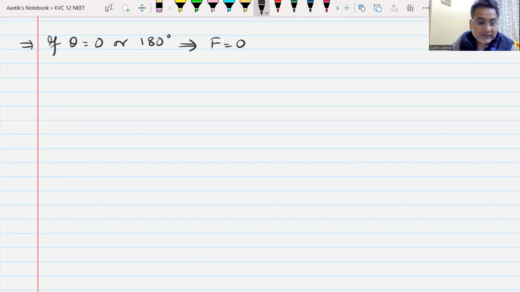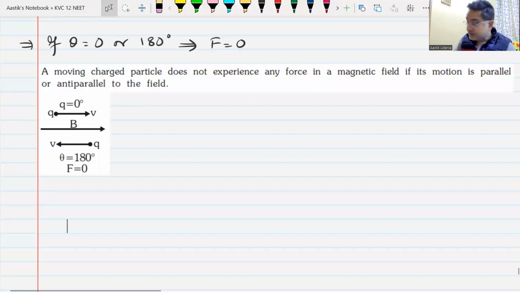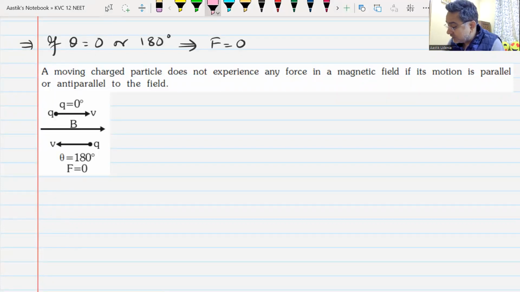If it moves parallel or anti-parallel to the magnetic field, the force is still 0. The force is 0 if the angle is 0 or the angle is 180 degrees.